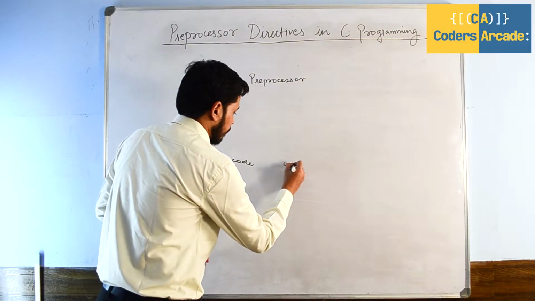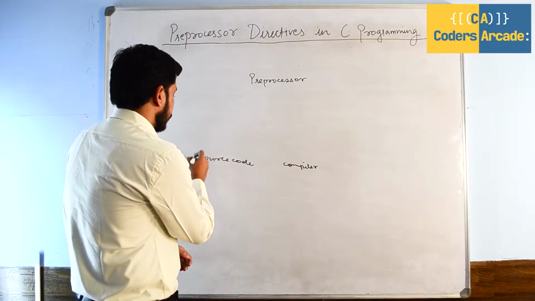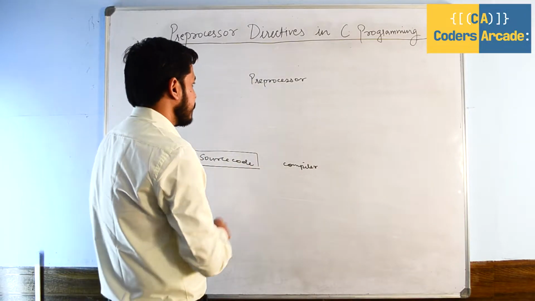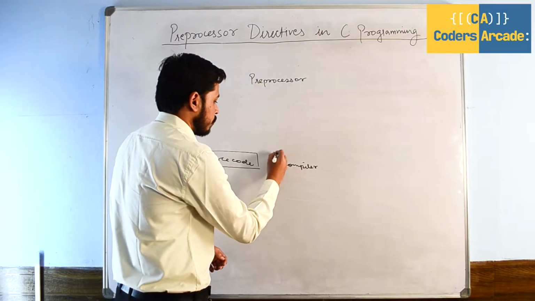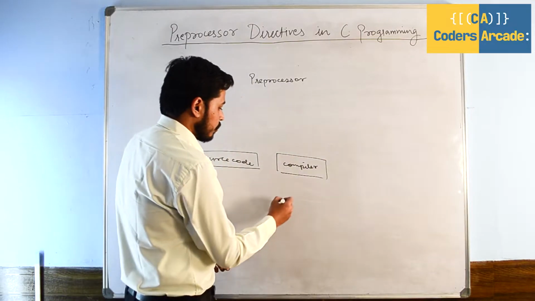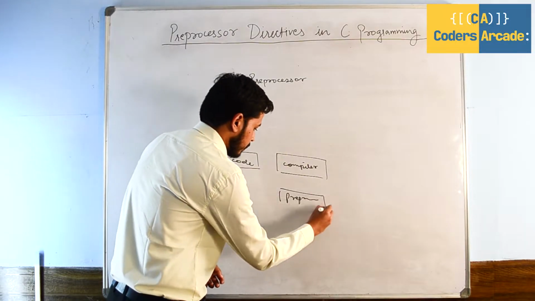So this is the compiler. And this is our source code. Before compilation, this preprocessor is going to preprocess the source code. Let's say this is our preprocessor.